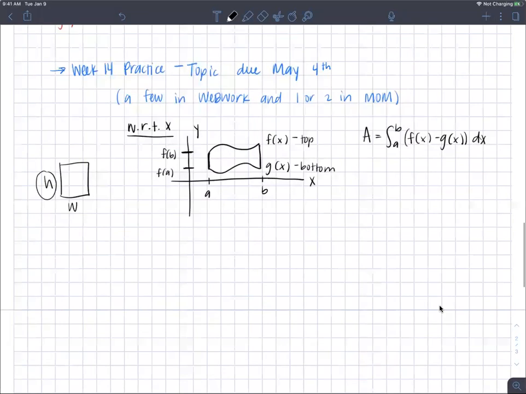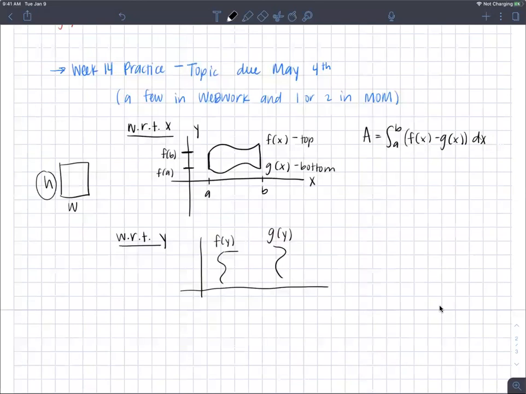But when you're integrating with respect to y, let me draw all of this out again. Here's f of y, and I'll call that g of y.